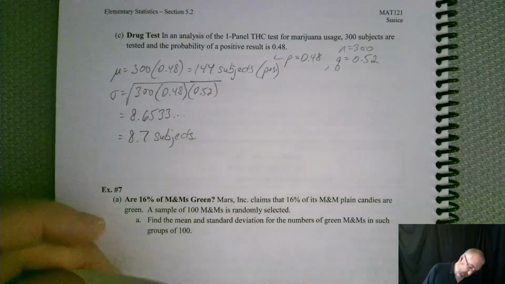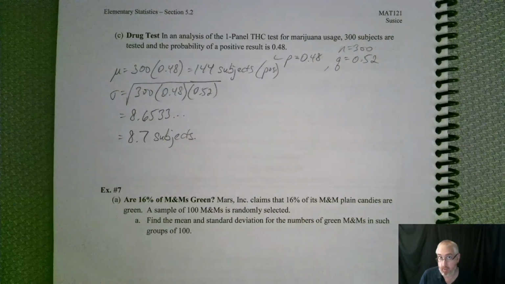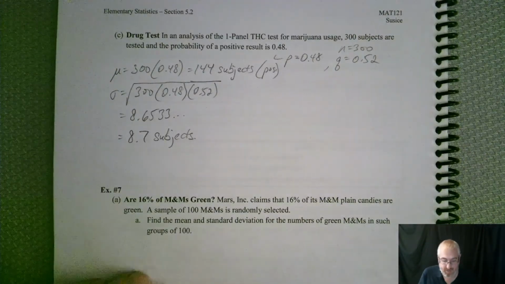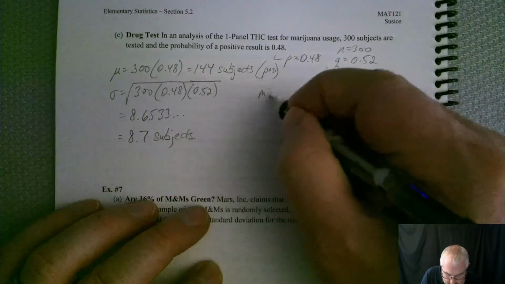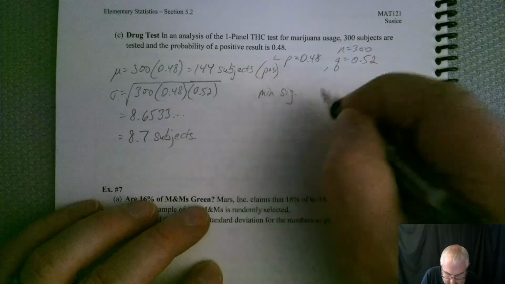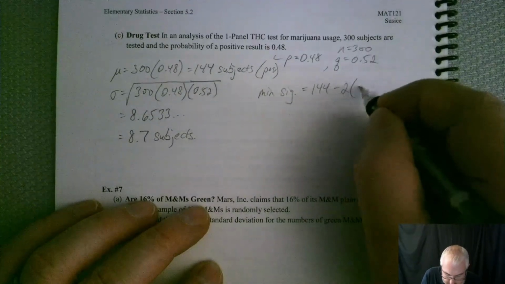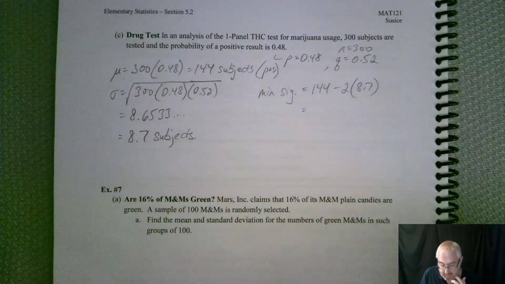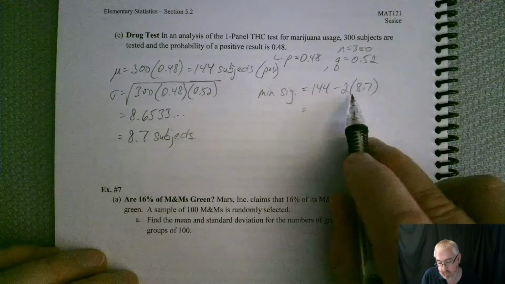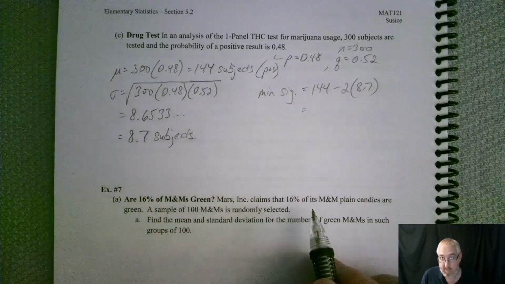Now, I'm just looking at the previous page, and I did remember the units, so I hate it when I forget the units. So let's make sure we don't forget them on this one as well. We got our min significant. So we got our 144 minus 2 times 8.7. Well, let's see, 8.7 times 2, that looks like 17.4. 17.4 from that.